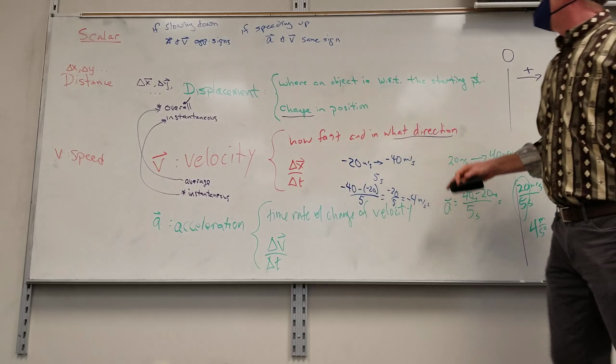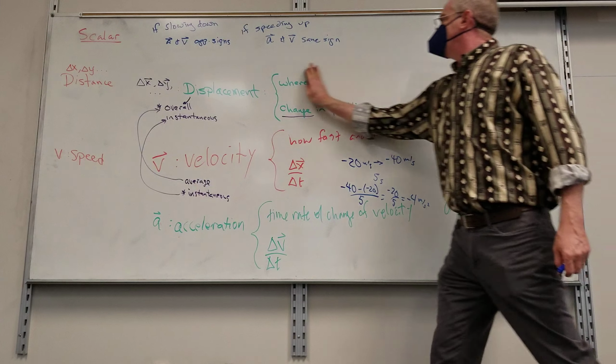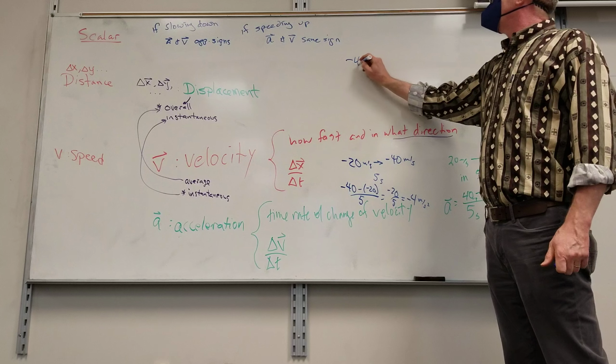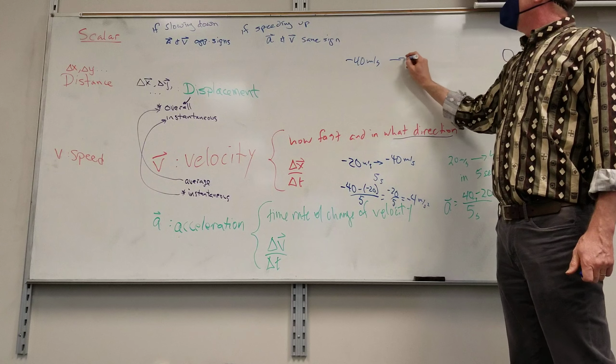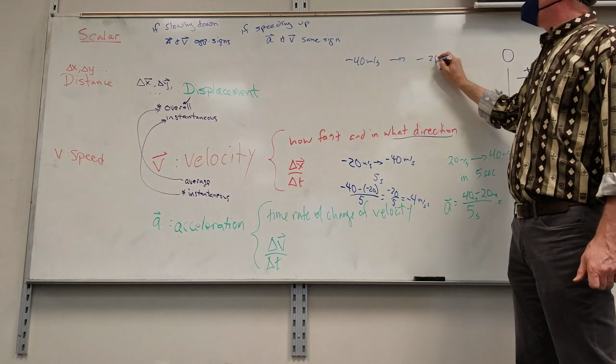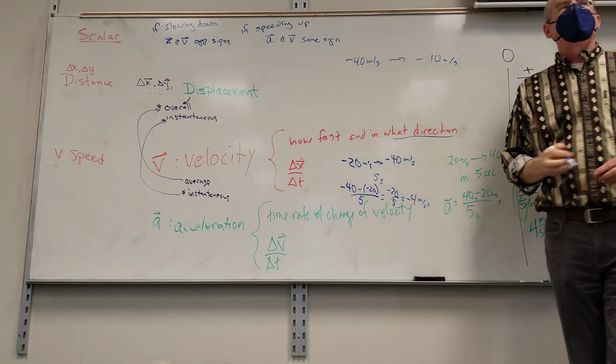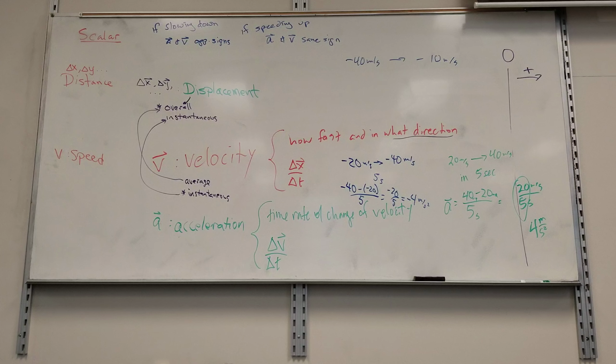And just demonstrating it with that, I'm going negative 40 meters per second, and I slow down to negative 10 meters per second. So I'm traveling in the negative direction the entire time. I'm cruising at 40 meters per second, and then I'm down to 10 meters per second.